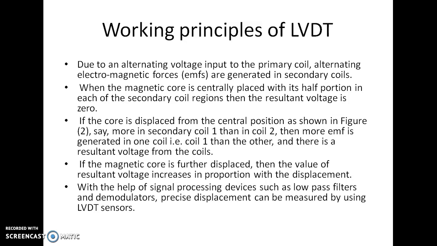But if the core is displaced from the central portion, then EMF is generated in secondary coil 1 or coil 2. If the magnetic core is displaced further, the resultant voltage increases in proportion with the displacement. With the help of signal processing devices such as a low pass filter and demodulator, precise displacement can be measured using the LVDT sensor.